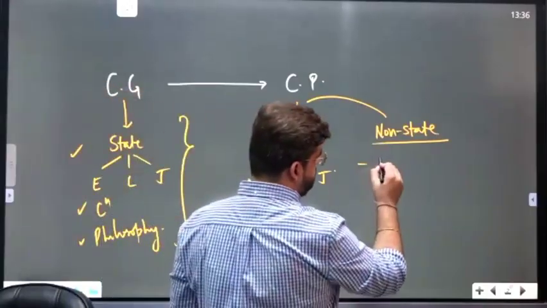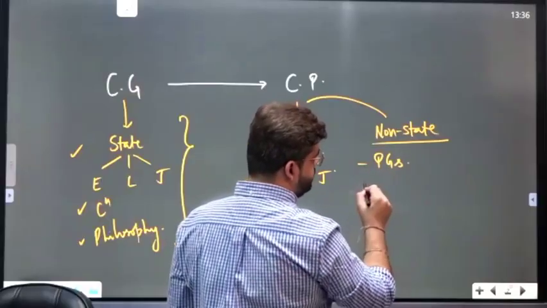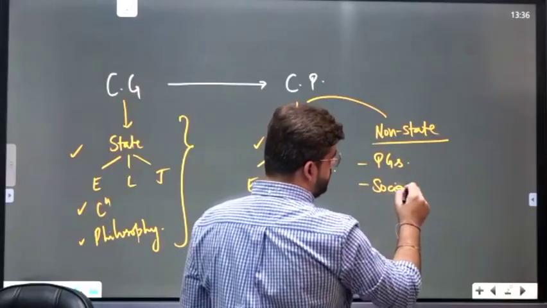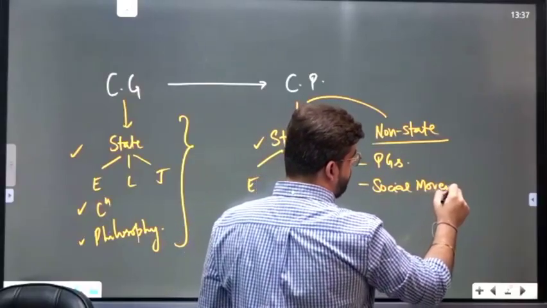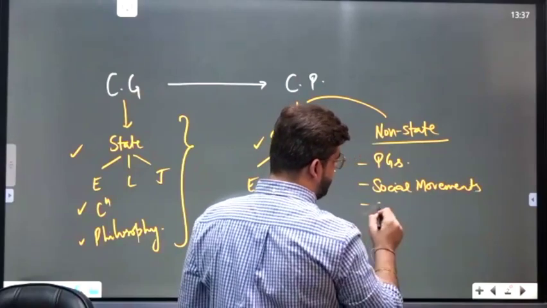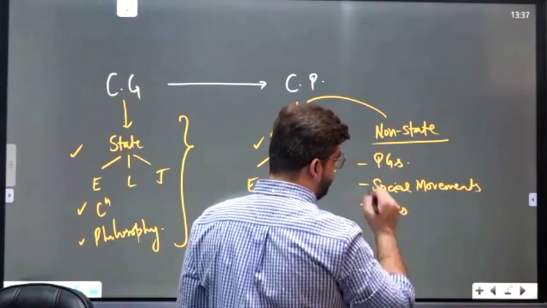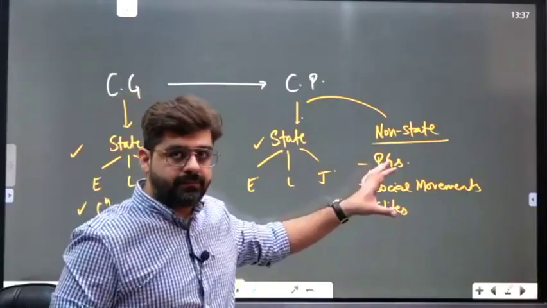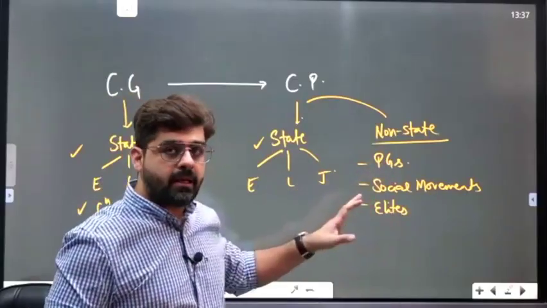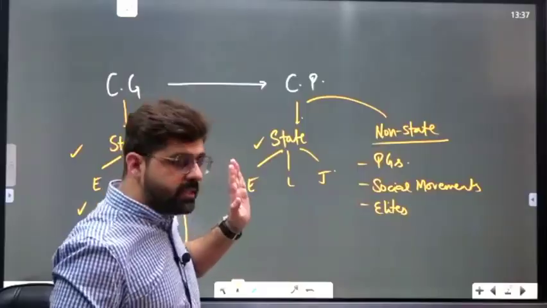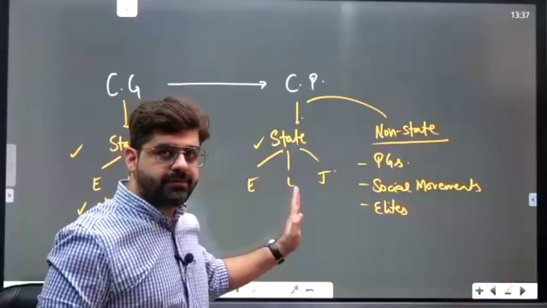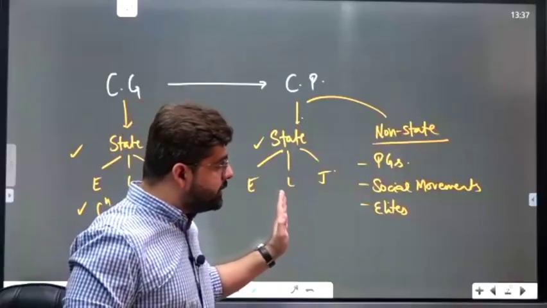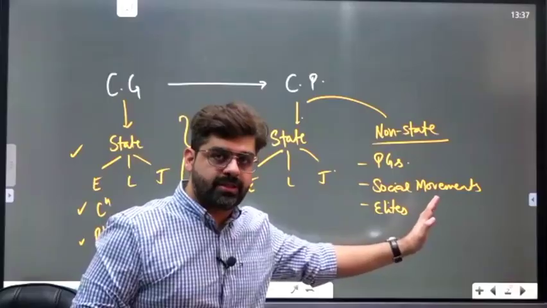So, how do pressure groups operate? Why do people go for social movements? What is the role of elites in the society? The moment I go for these kinds of studies, this is where I say I am not only restricting myself to the study of state, but I am including other parameters also into my study.